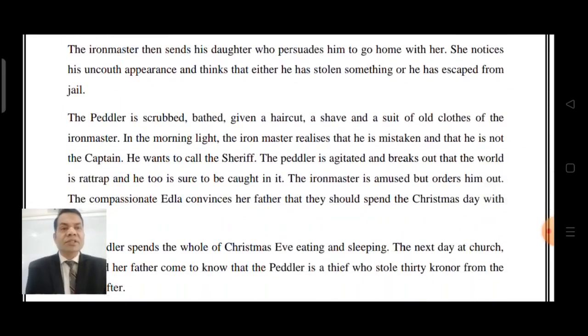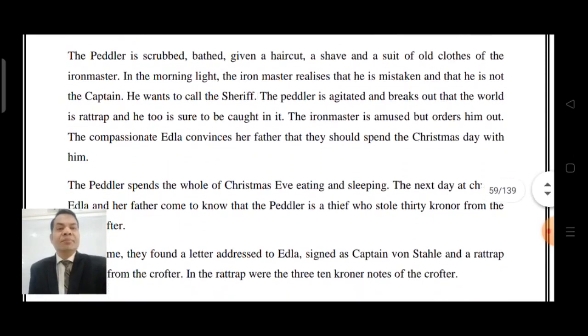The iron master then sends his daughter, who persuades him to go home with her. She notices his uncouth appearance and thinks that either he has stolen money or he has escaped from jail. The peddler is scrubbed, bathed, given a haircut, and shaved, and given a suit of old clothes of the iron master.